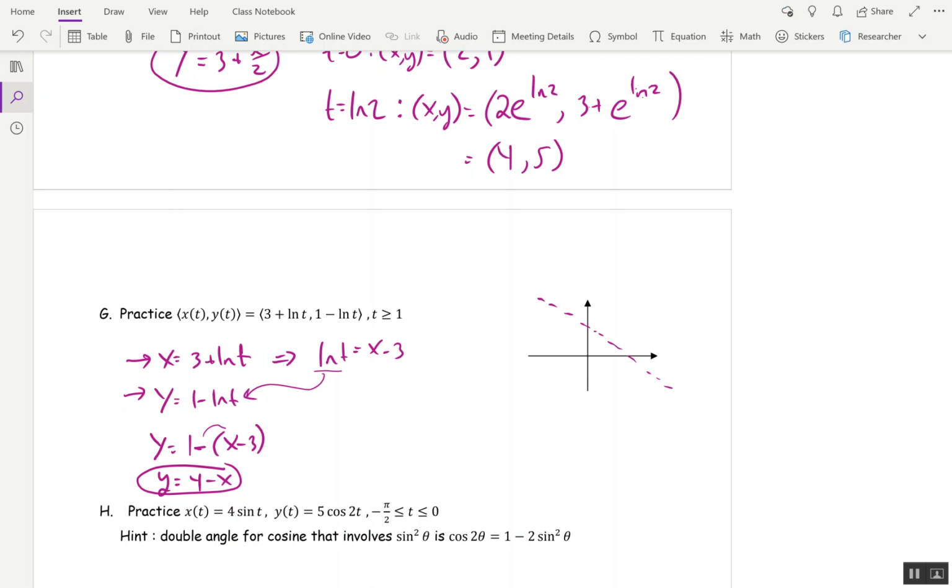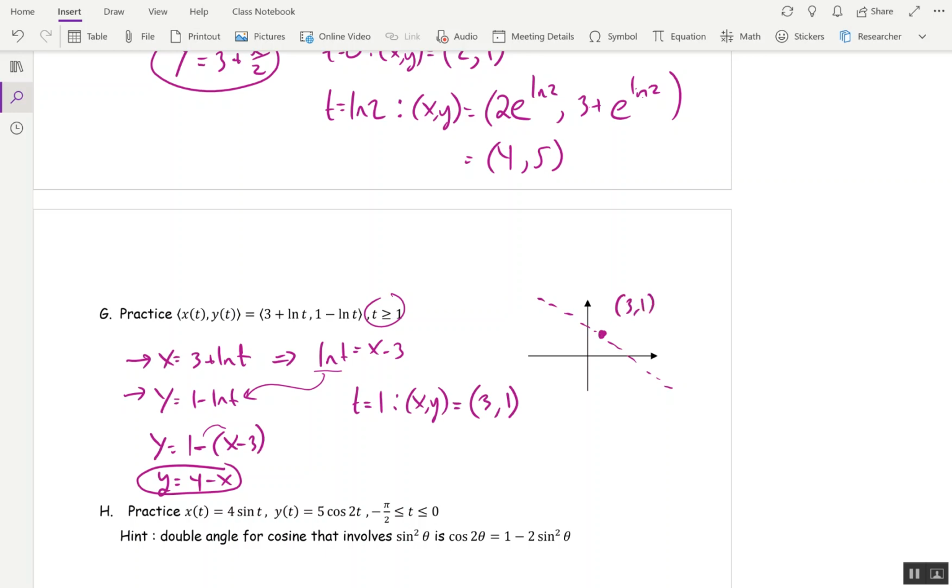Okay, let's see how much of that line we're getting. We're starting at t equals 1. So when t equals 1, x and y equal, ln of 1 is 0, so 3 comma 1. So we're starting here at 3 comma 1.